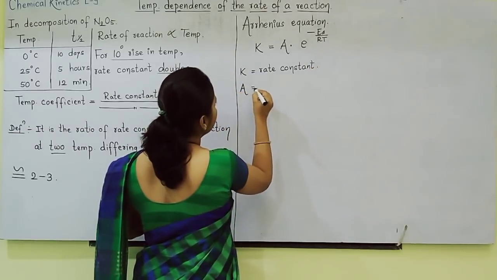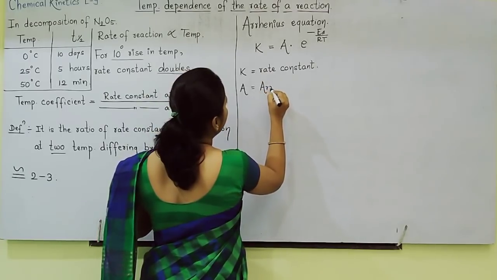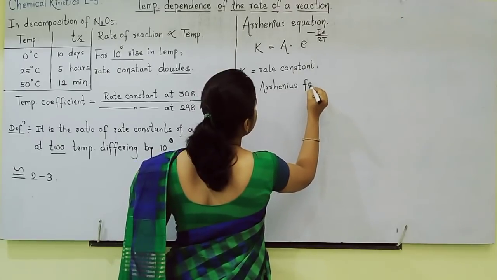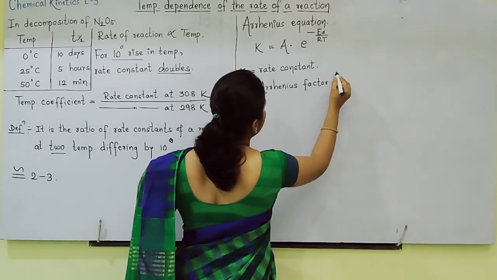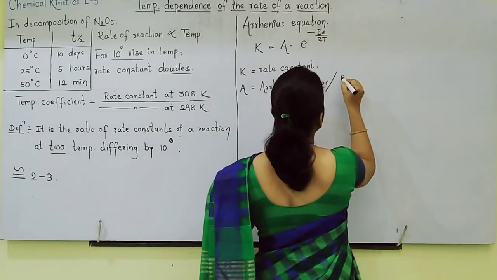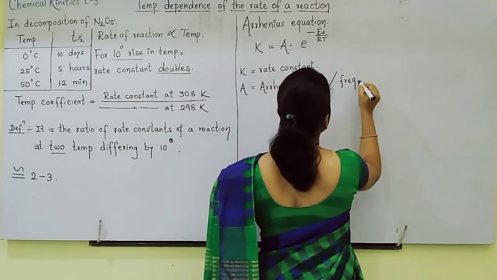What is A? Arrhenius factor. Arrhenius factor is also called the frequency factor.